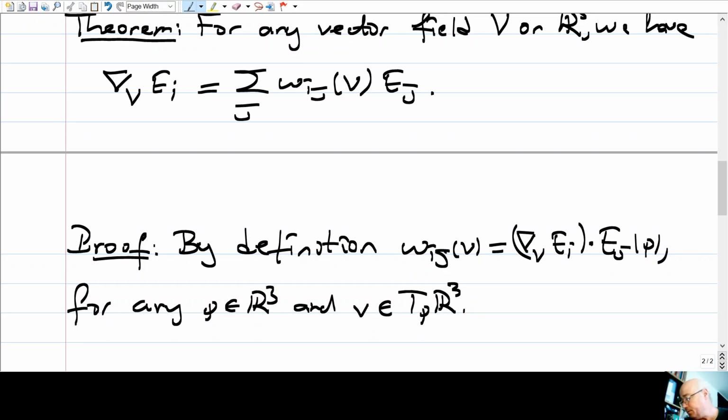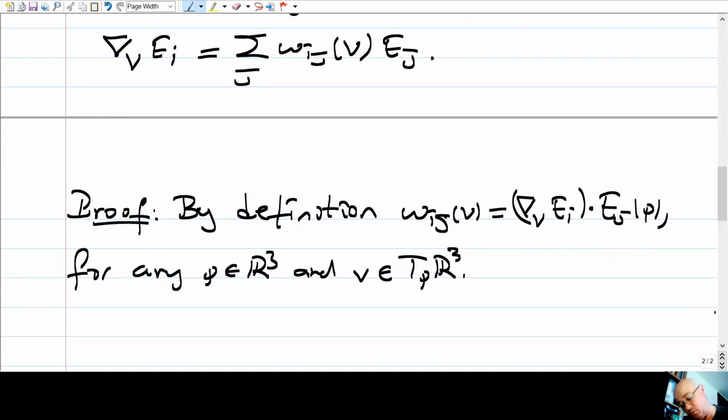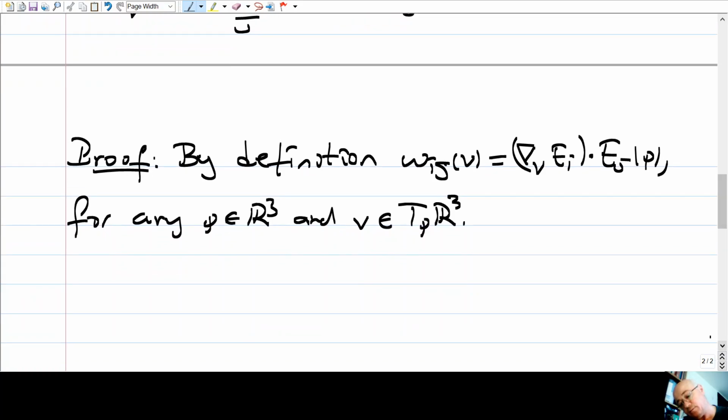Okay, but this already shows that whatever this vector is, its jth component is this, right?